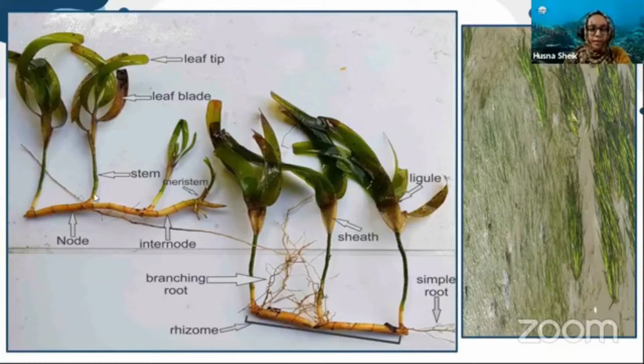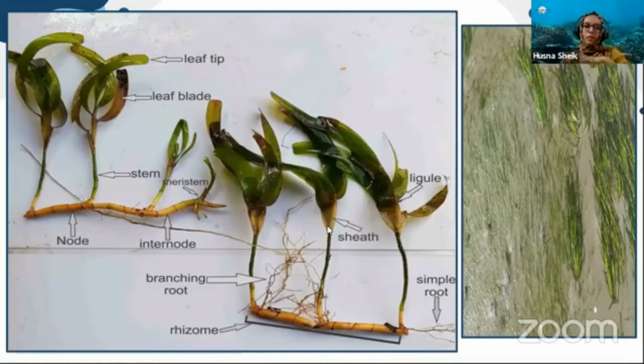Then from the rhizome, the stem arises. The stem goes up, and then the leaf blades, or leaves, emerge. Here you have the leaf tip, and below, the point where all the leaves come out, we call the sheath.